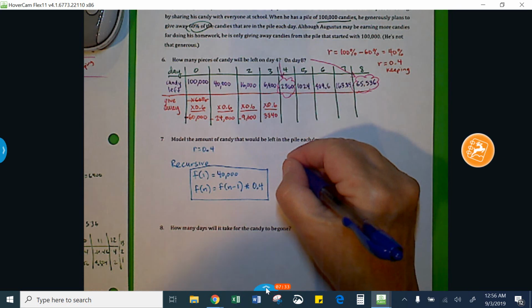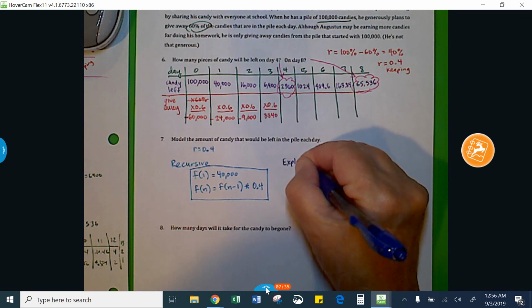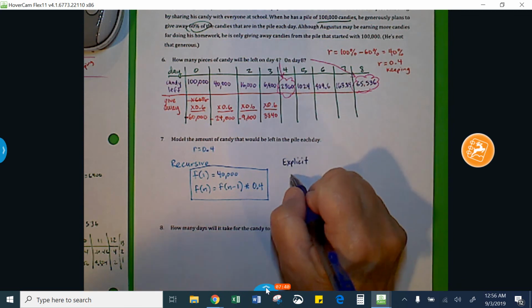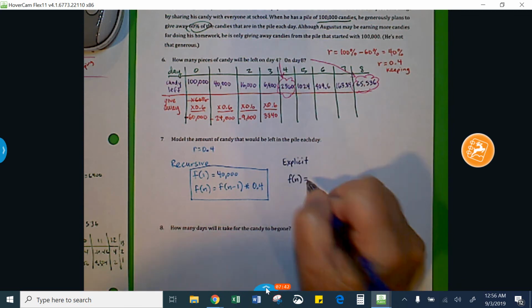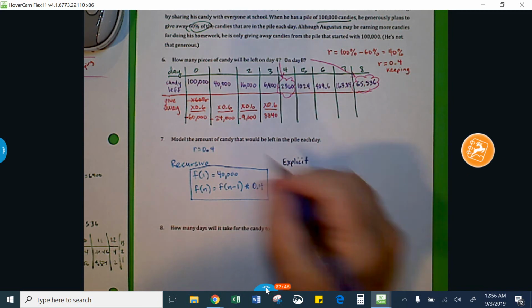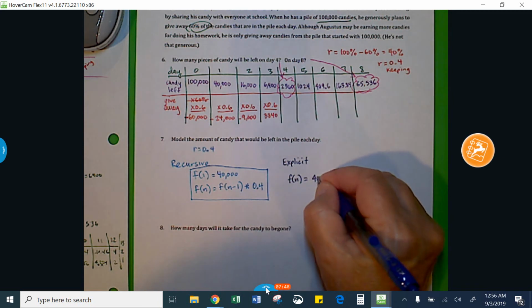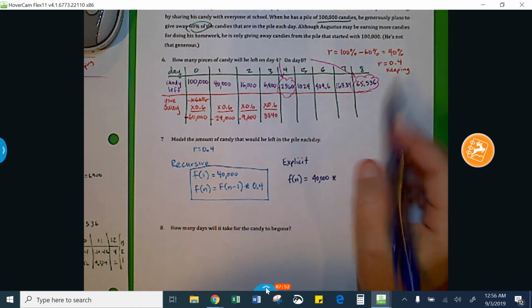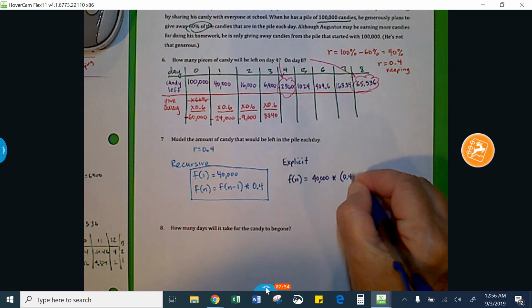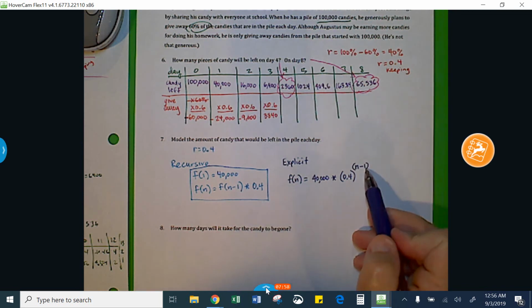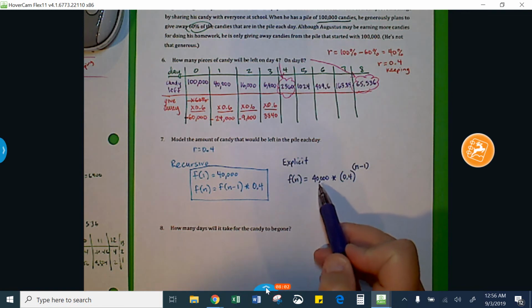Our explicit, we need f of n equals f of 1, which is 40,000, times the r value, 0.4, to the n minus 1 power. Minus 1 because we're doing the first term, 40,000 because it's the first term.